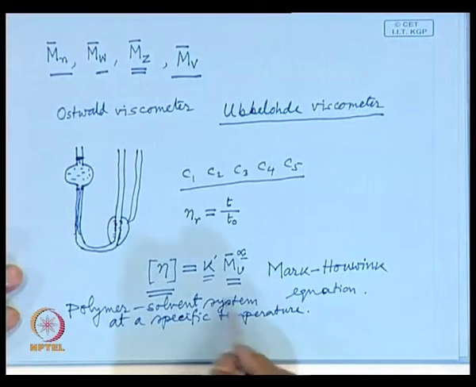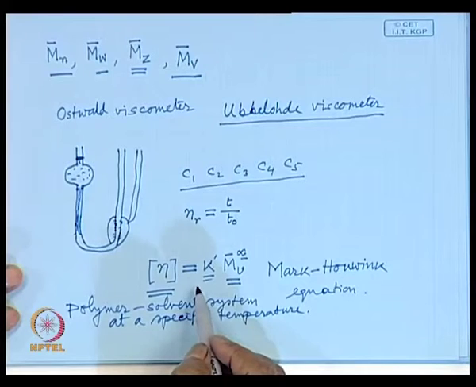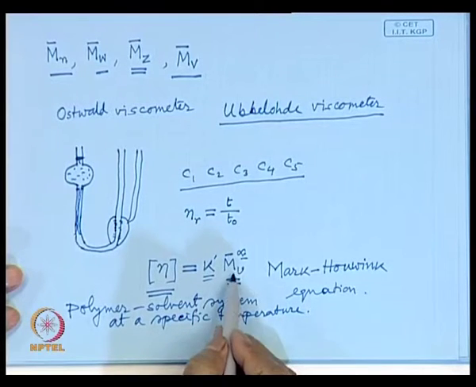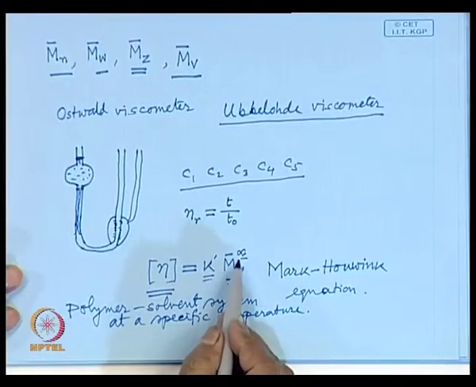Hope you will not forget this relation. Intrinsic viscosity is related to viscosity average molecular weight, and two constant parameters there, k prime and alpha, or k and alpha.